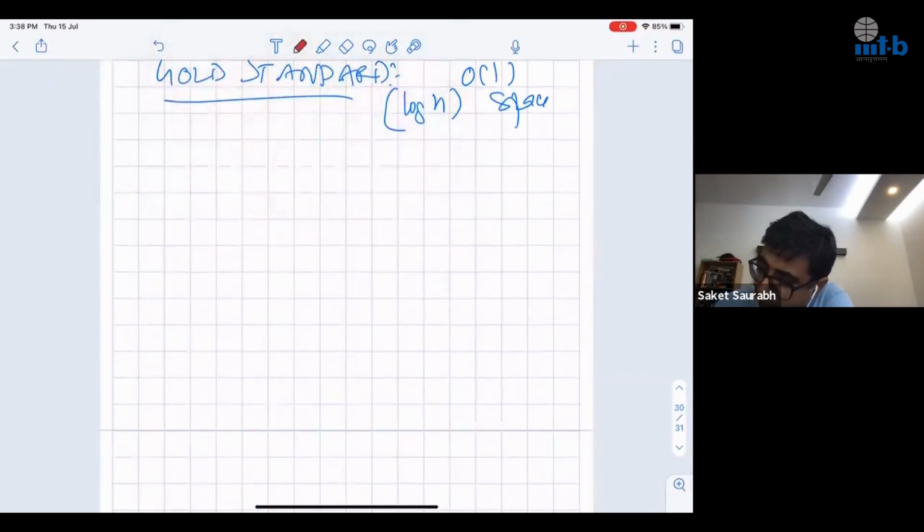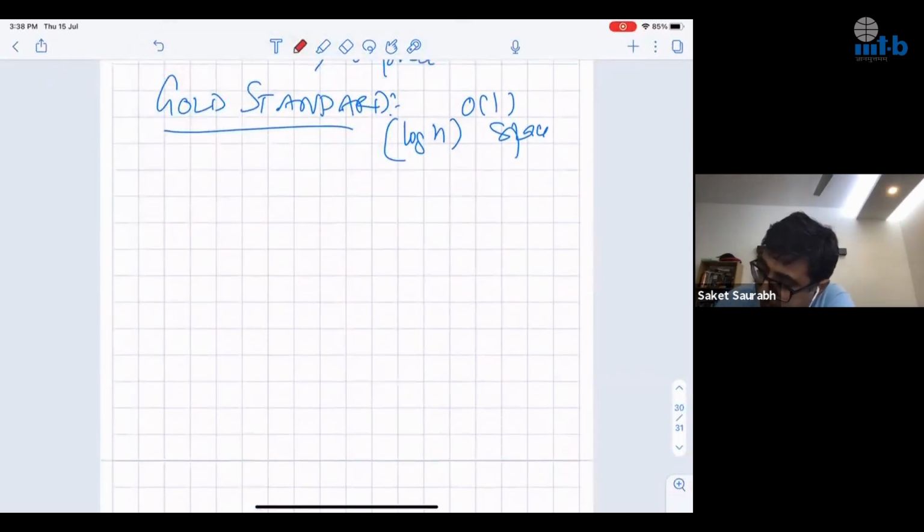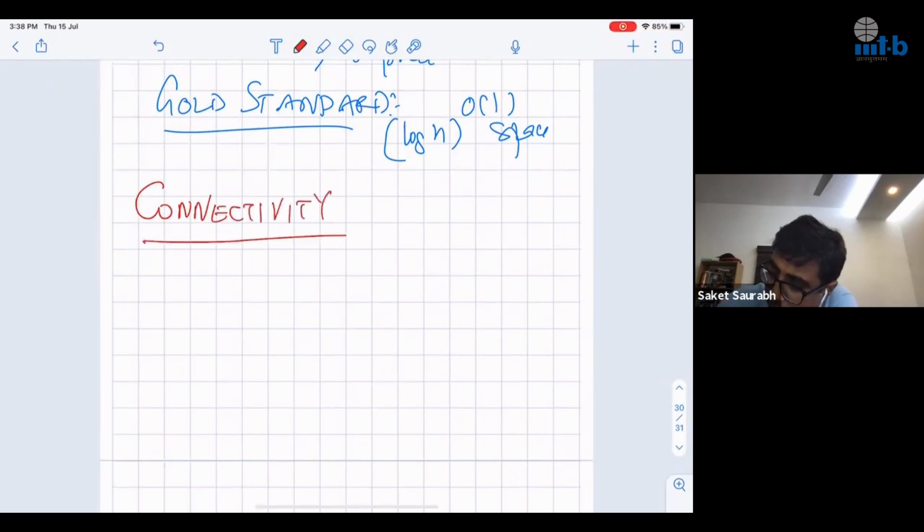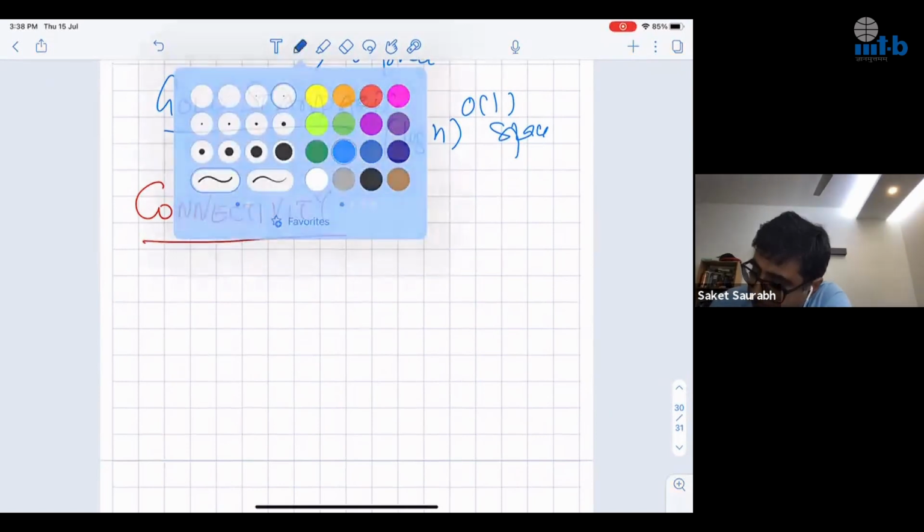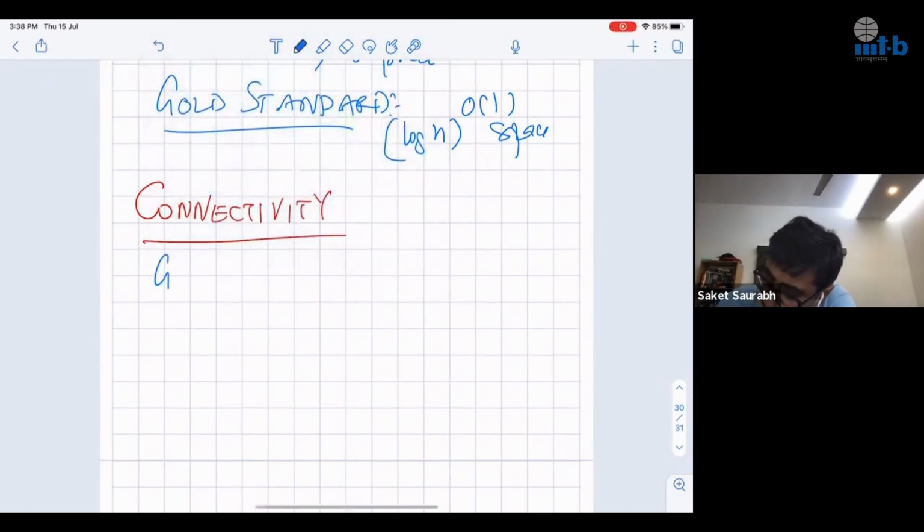So the first problem which I want to talk to you about today is the connectivity problem. Okay. So what do I want to do? Given a graph G, edges are coming in a stream.